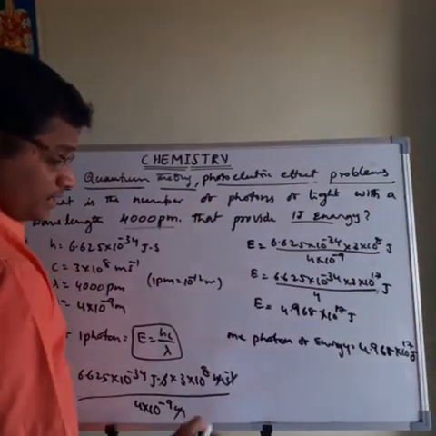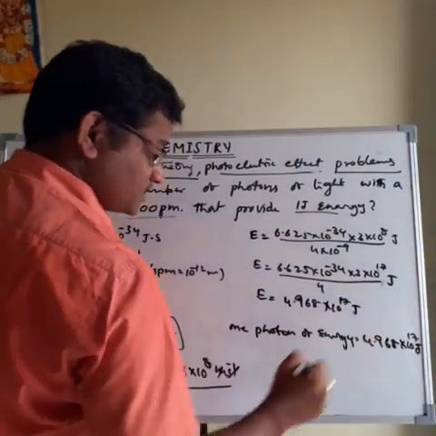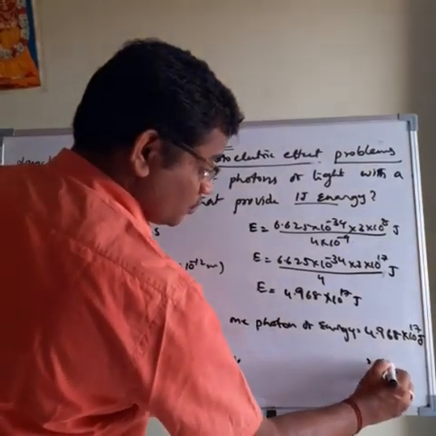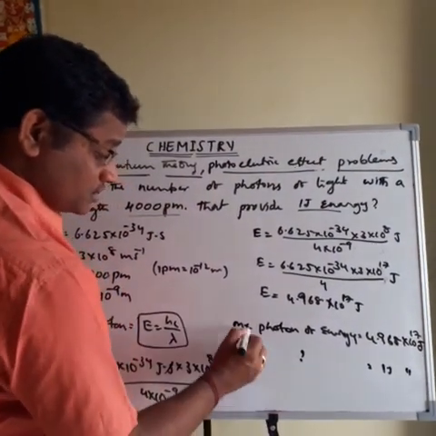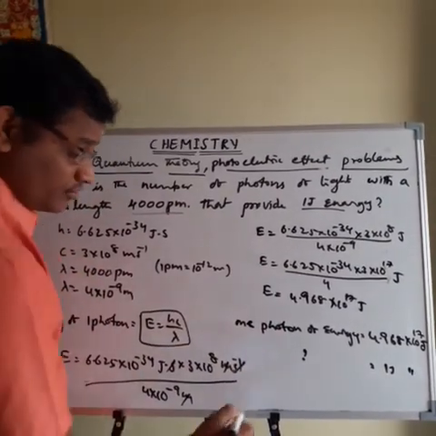This is the energy of 1 photon, but in the question, 1 joule of energy contains how many photons? That is the number of photons we have to find out.